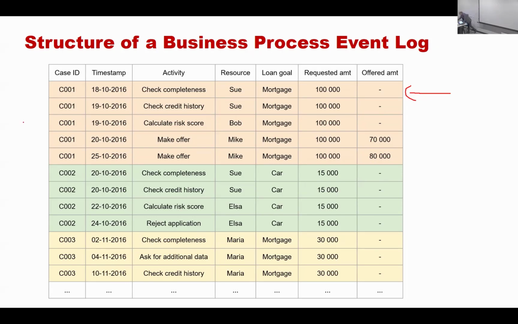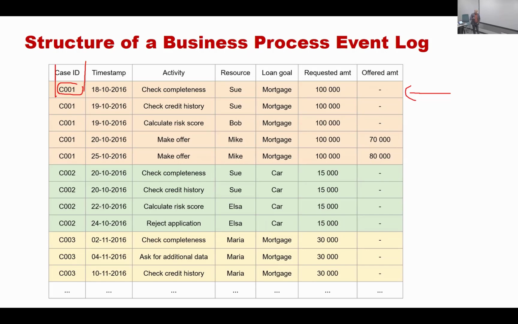Every row must have a case identifier. So there is a column that tells you to which instance of the business process, or in the context of which instance of the business process, this activity or event happened.